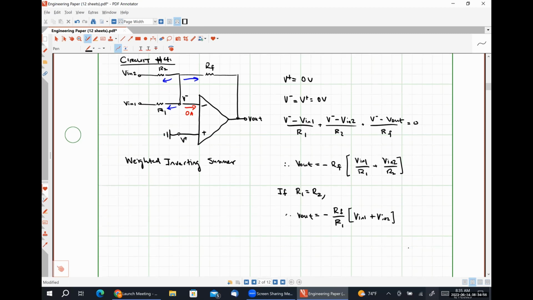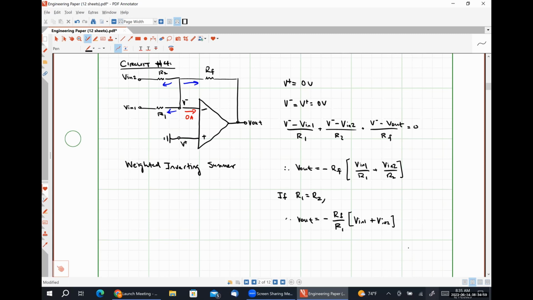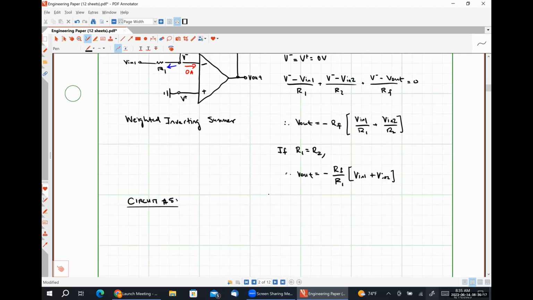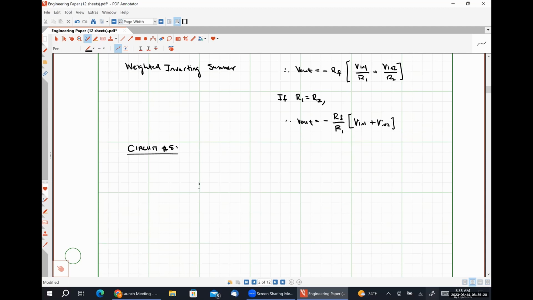The next circuit that we're going to look at is effectively an inverting amplifier and a non-inverting amplifier at the same time. So starting with my op amp, here's my inverting input terminal, my non-inverting input terminal, excuse me, my output terminal.